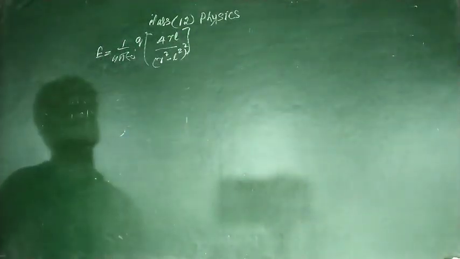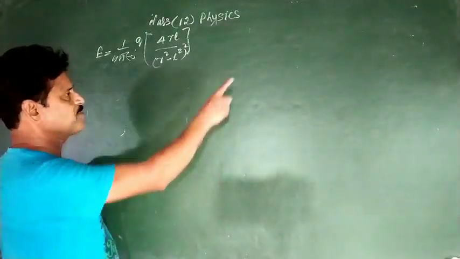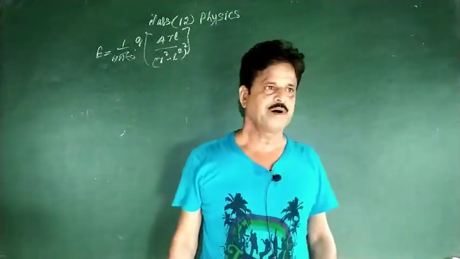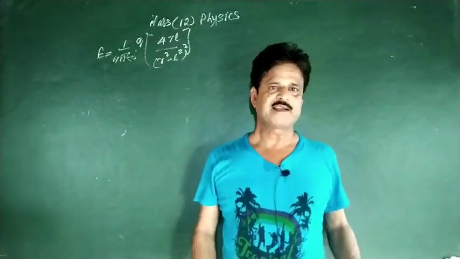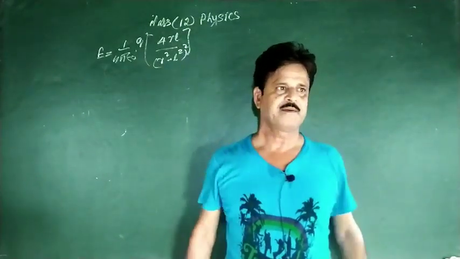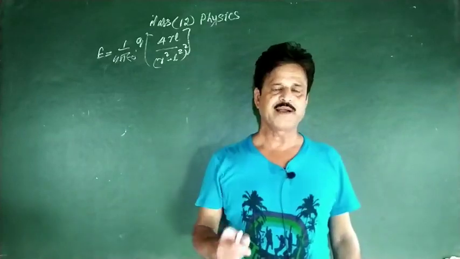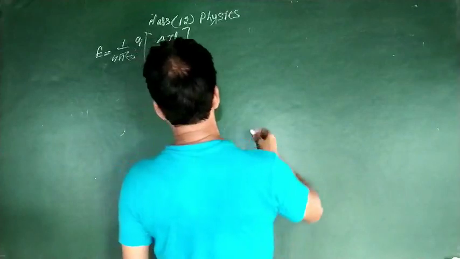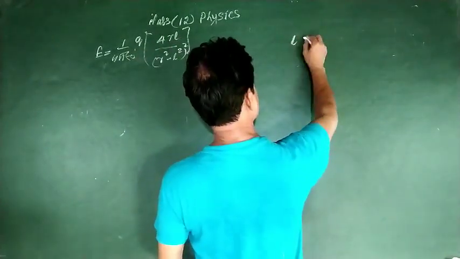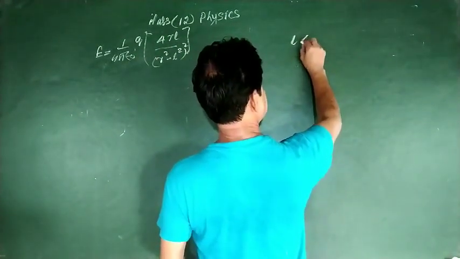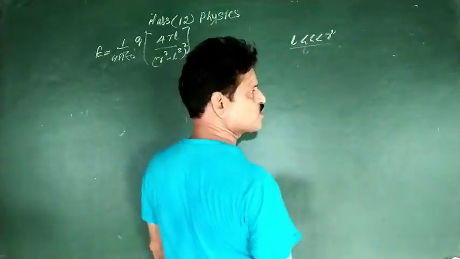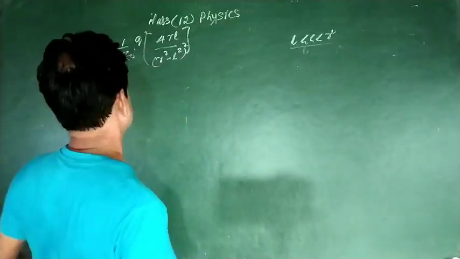Now we have to find the simplified value at the point P. According to the definition, the displacement between the charges is very small compared to the point where we have to find the electric field intensity. So we can say L is much smaller than R, so we can omit the L square terms.